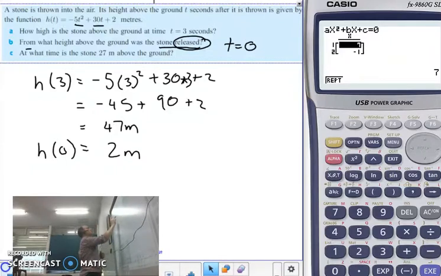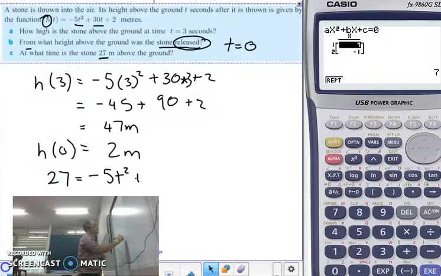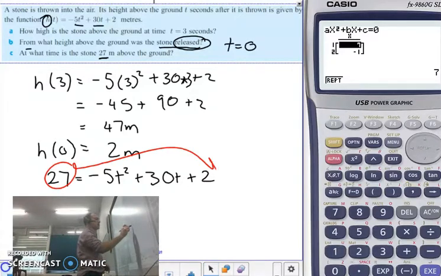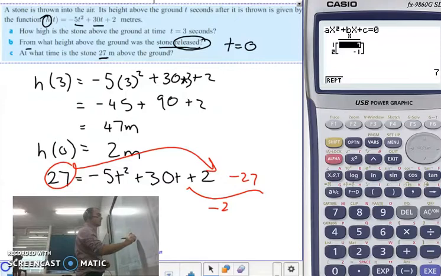At what time is the stone 27 meters above? So again, using that same technique that we learnt before, 27 meters above, because we're trying to find the height. So the height was 27, was equal to negative 5t squared plus 30t plus 2. And to do this, I would rearrange it by bringing this to the other side, which means that it would turn to a negative 27, which means this part would be negative 25.